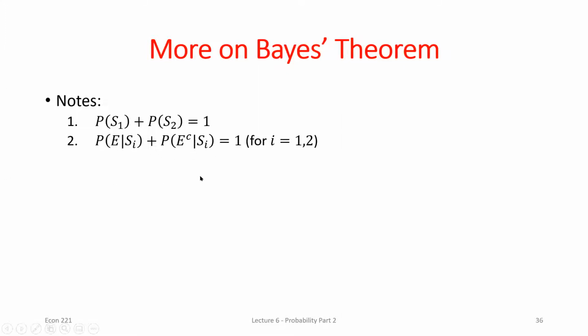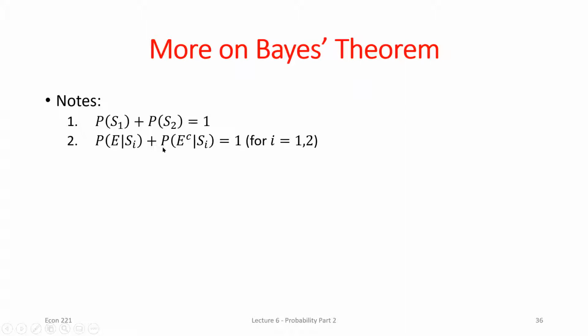Maybe now I have 100 people left, and 10 of them end up with a positive test result and 90 of them end up with a negative result. That's the only two things they can end up with. Given that I'm looking just at people without the disease, the probability they saw a positive test result would be 10 out of the 100, or 0.1. The probability they saw a negative result would be 90 out of the 100, or 0.9. So those two things have to add up to 1.